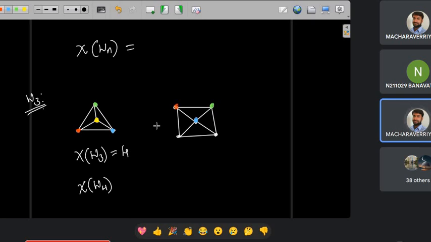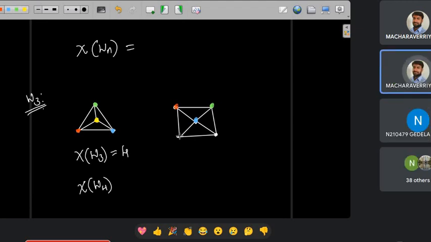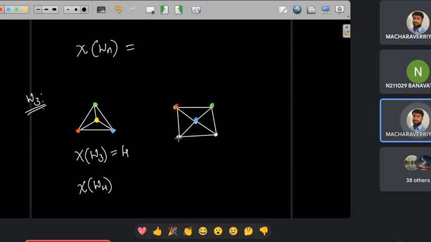So now these 3 colors can work for the other ones, right? So here I cannot assign red color, and blue color also not, but I can assign green color. So this vertex can be assigned green color, and this vertex can be assigned red color. Yes. So therefore the conclusion is that the chromatic number of W4 is 3.